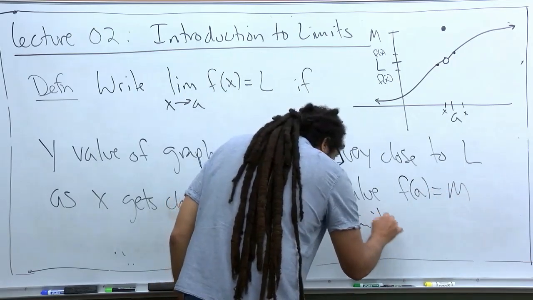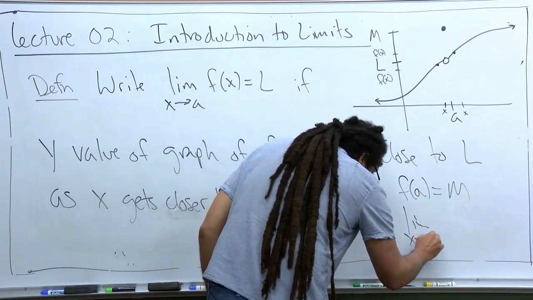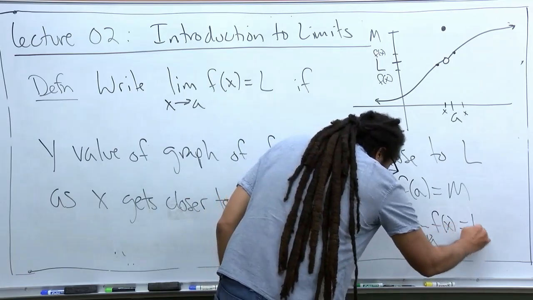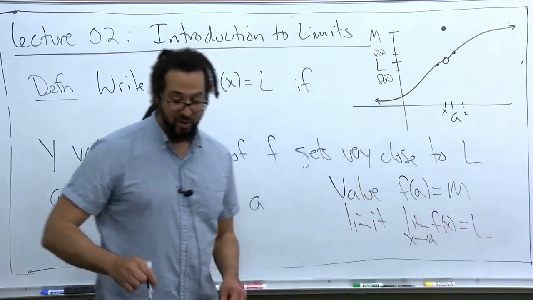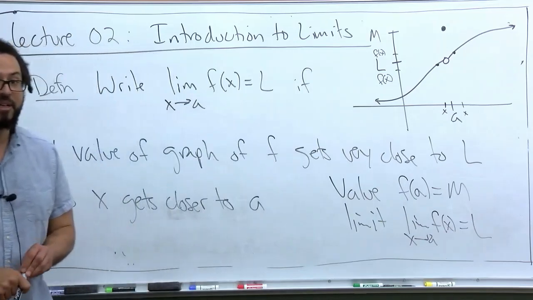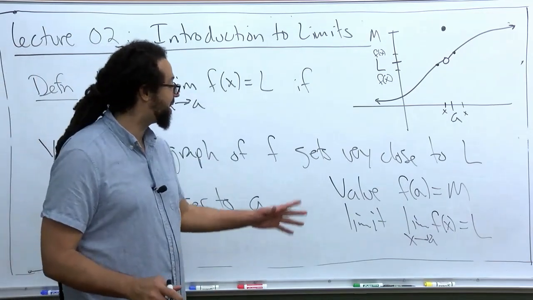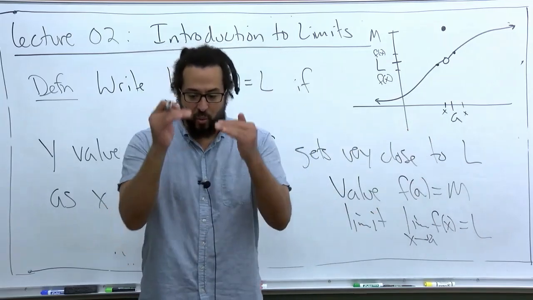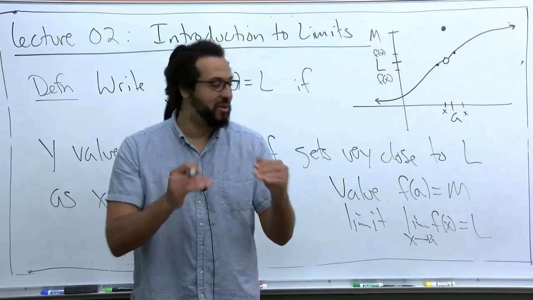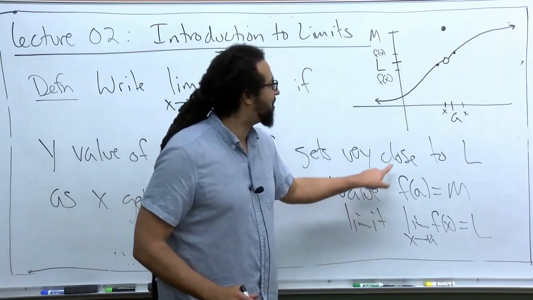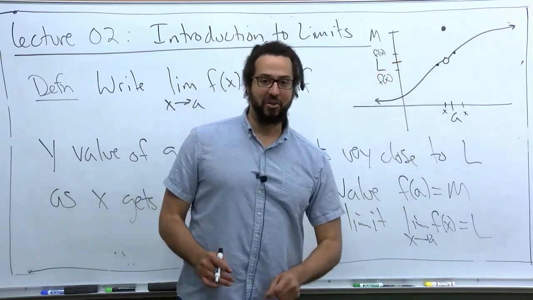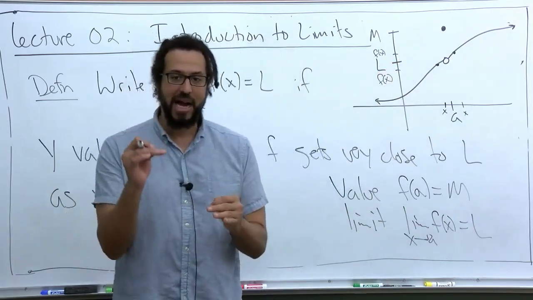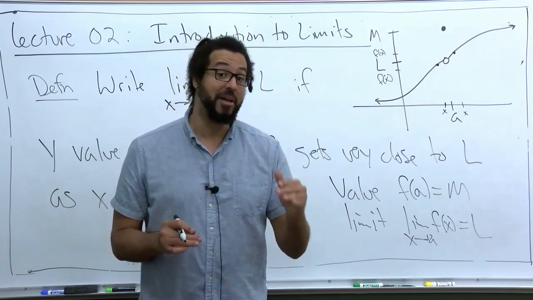The limit of the function is this different number L. So again, the upshot is that limit means what y value do we get close to. Value is what is the actual y value. So there's a difference between the actual y value and the limit.